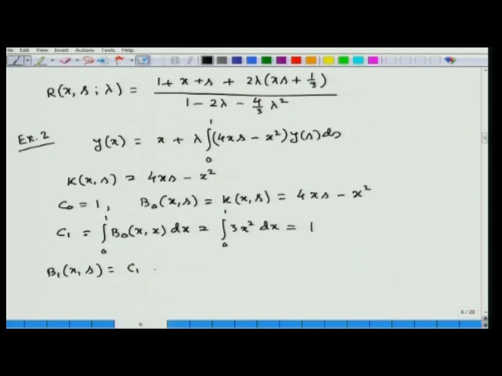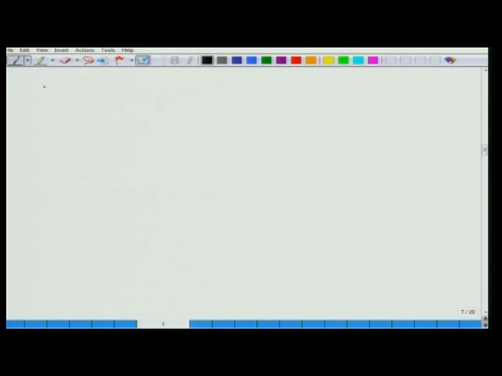Next, we can calculate B1(x, s). B1(x, s), as per definition, is C1 K(x, s) minus integral 0 to 1 of K(x, ξ) multiplied with B0(ξ, s) dξ. So, substituting this expression, we can find B1(x, s) will be equal to 4xs − x², because C1 equal to 1.